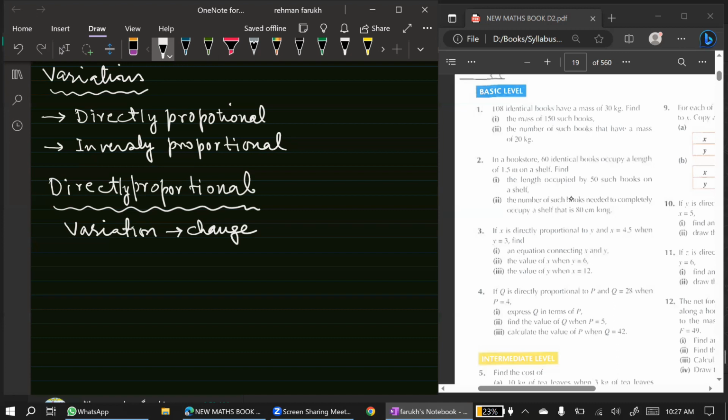What is the second thing? One is light. What is the second thing which changes? Heat. The second thing, through which we measure, is time. With the passage of time the light changes, the light varies.